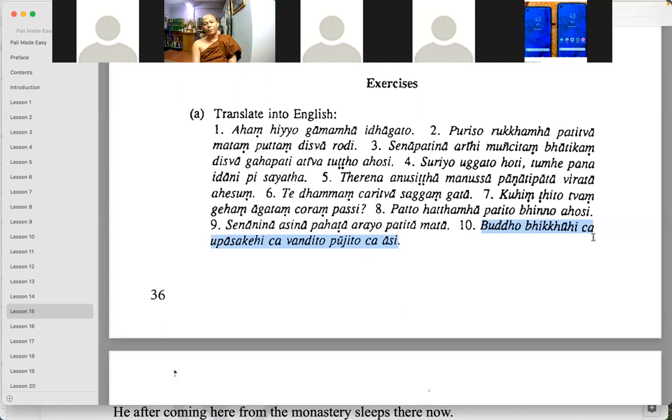So Buddho, Buddha, Bhikkhu, monks, Upasaka, lay disciple, or layman, and Vandito, one that is worshipped or paid homage to. Pujito, so maybe adored, from Pujeti. So Asi is to be, like was.